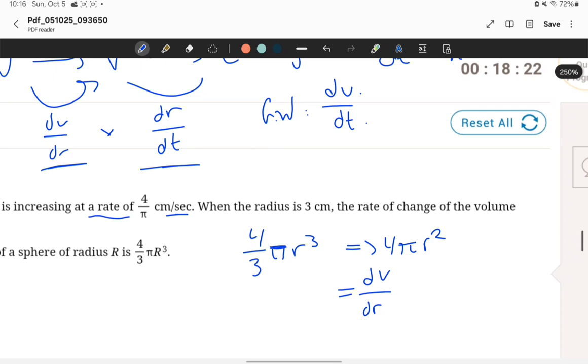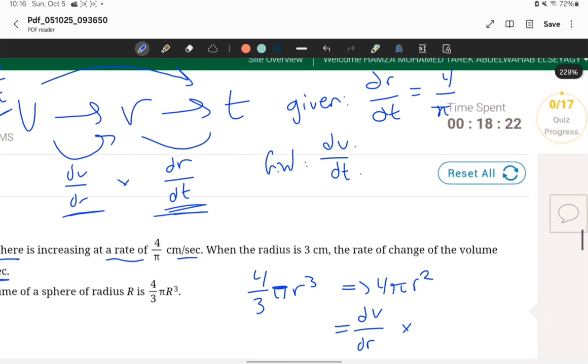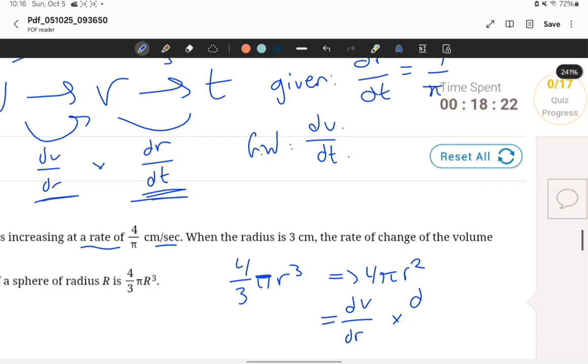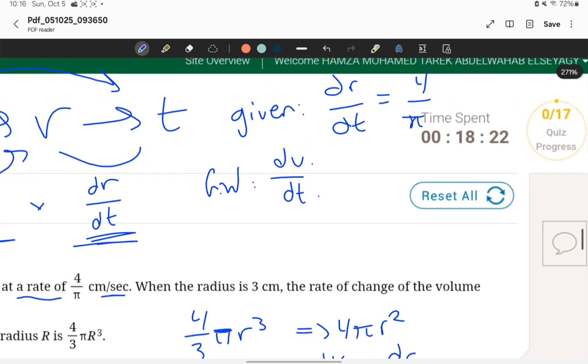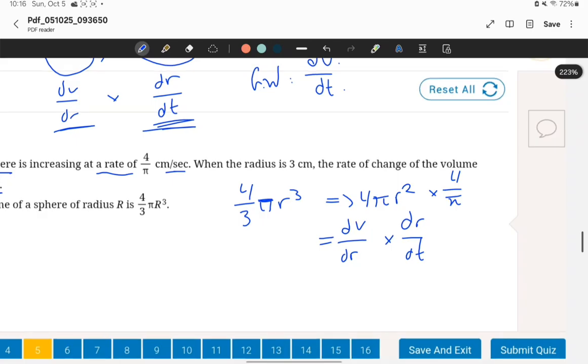And if we multiply this by dr over dt, we get what we want. dr over dt is 4 over pi, so times 4 over pi, we get our final answer, what they want.